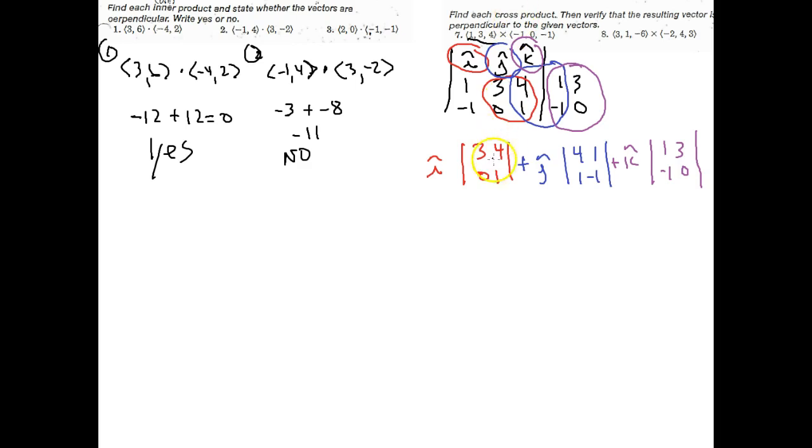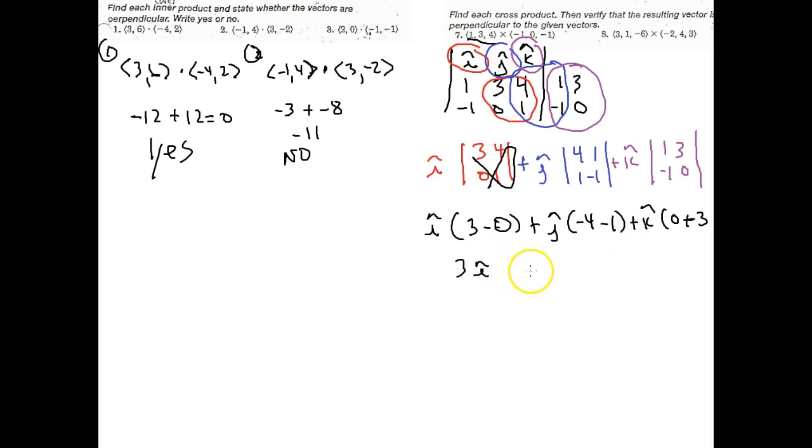So I'm going to do these two times these two. So it's going to be I hat times 3 minus 0, right? Plus J hat, negative 4 minus 1, plus K hat, 0 plus 3, or minus a negative 3. And I get 3 I hats minus 4 J hats plus 3 K hats.